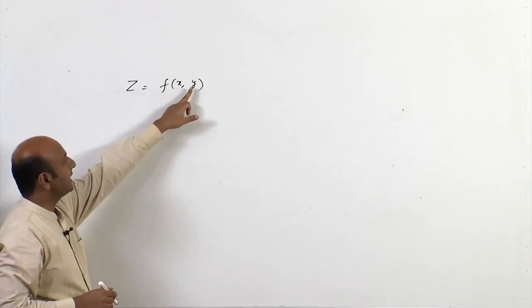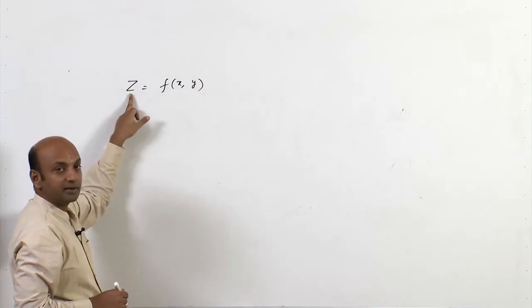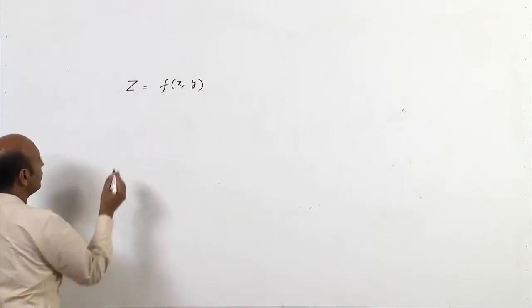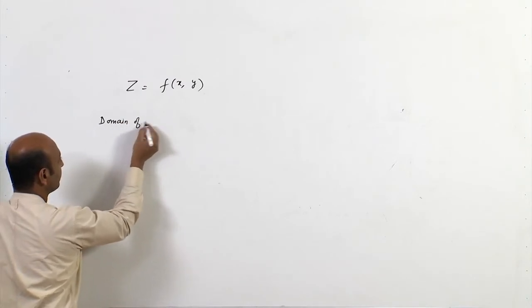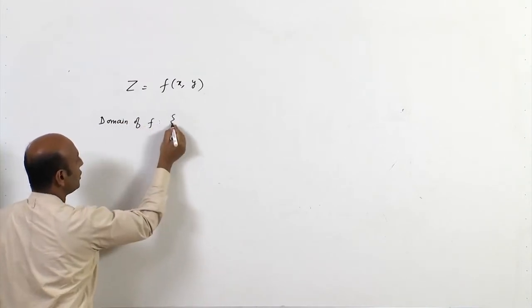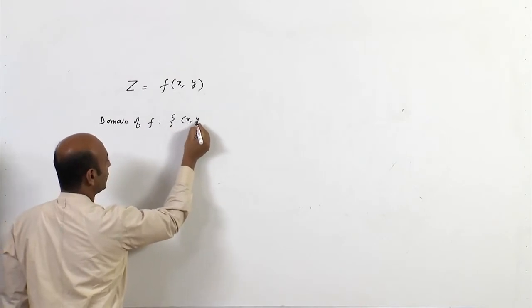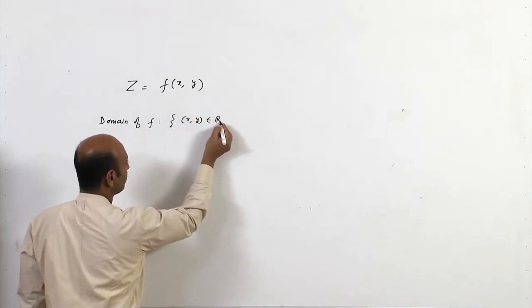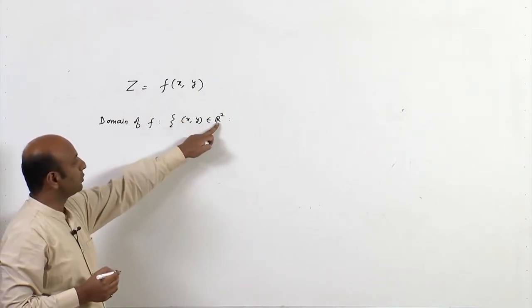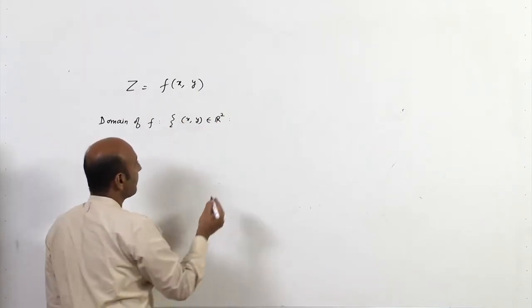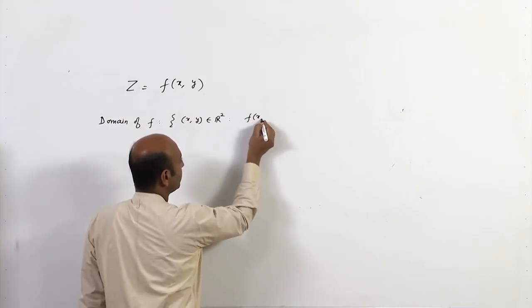Here x and y are independent variables and z is a dependent variable. Now, the domain of this function f is all those (x,y) belonging to R2 such that f(x,y) is defined.